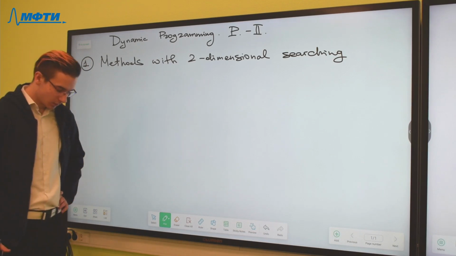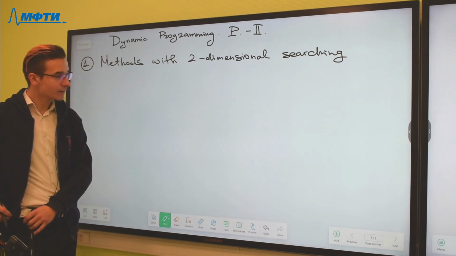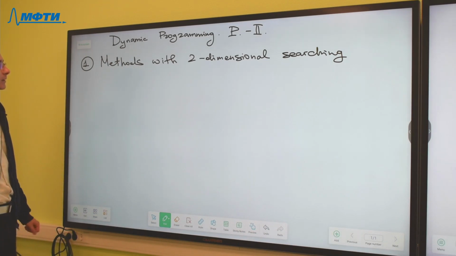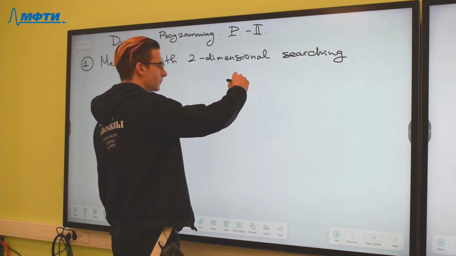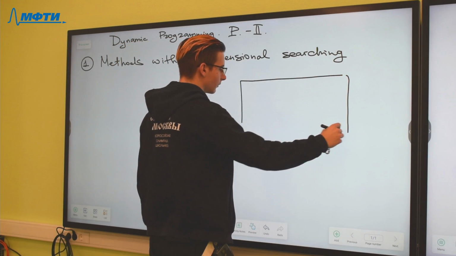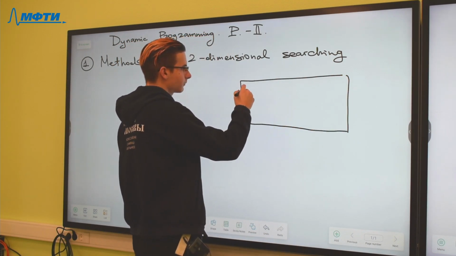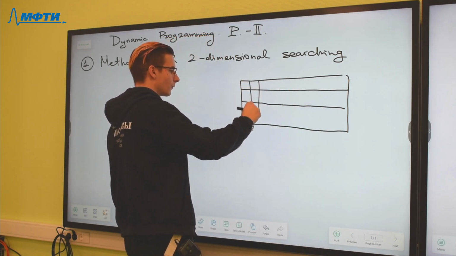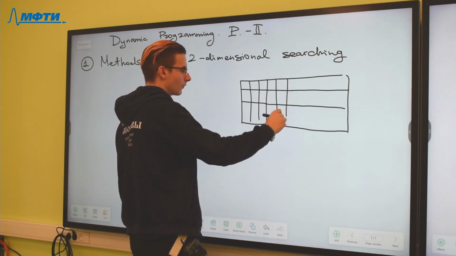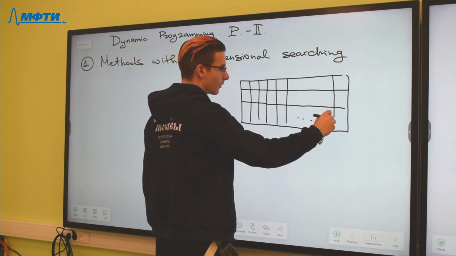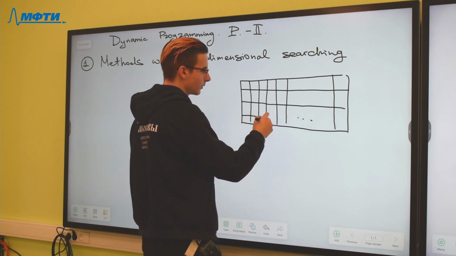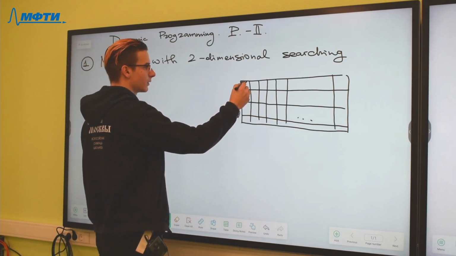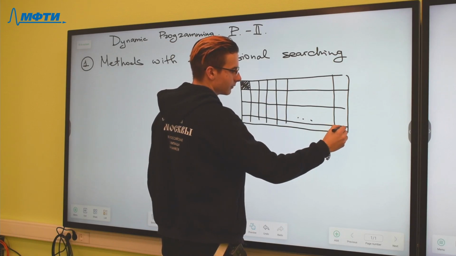Firstly, we can remember a task when we have the matrix, and we try to find places between this cell and this cell. Remember it?